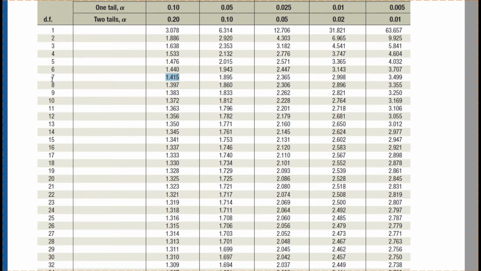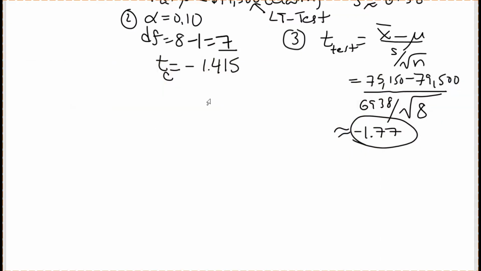So looking at df of 7, 1.77 is between those two numbers, which means that for a one-tail test, we're looking at between 0.05 and 0.10. So our p-value is between 0.05 and 0.10.